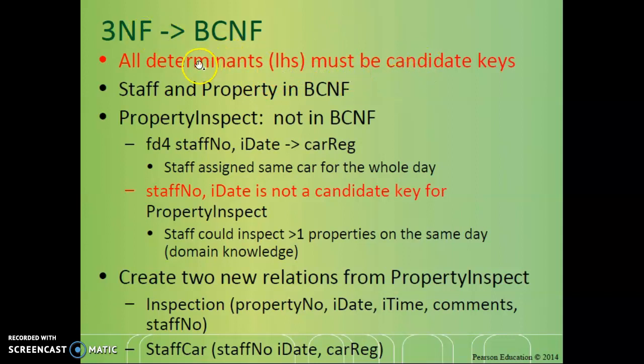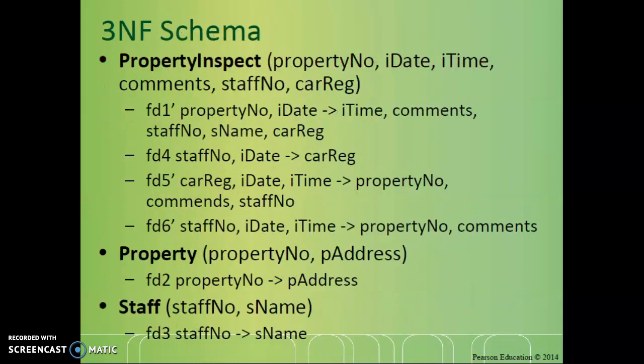What is a candidate key? A candidate key is the minimal set of attributes which identifies each row in a table uniquely. Every table can be known by a candidate key. So that is what we are going to check.